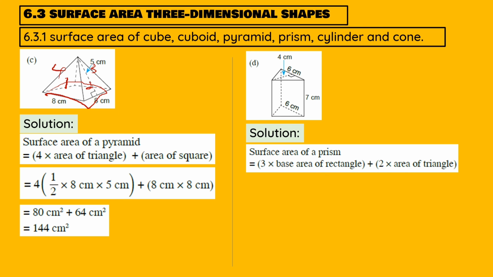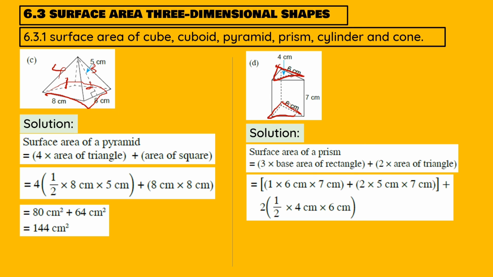Okay, surface area of a prism. 3 times base area of rectangle. There are 3 rectangles in the prism, so we times it with 3 plus 2 times area of triangle. There are 2 triangles in a prism, so we times it with 2.